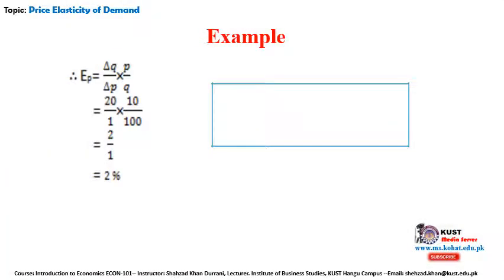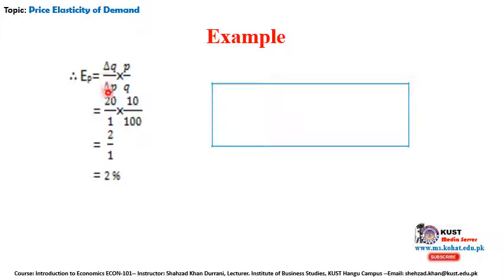So we know the formula of the price elasticity of demand: change in Q divided by change in P, change in quantity demanded divided by change in price, multiplied by the original price divided by the original quantity demanded. The change in quantity demanded was 120 minus 100, which is 20.